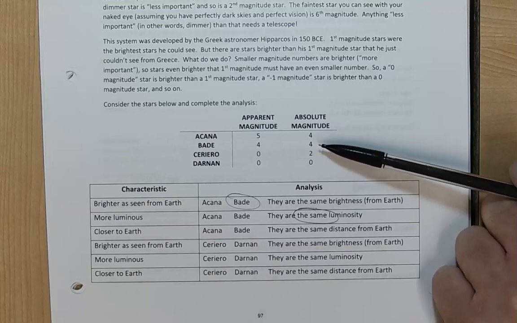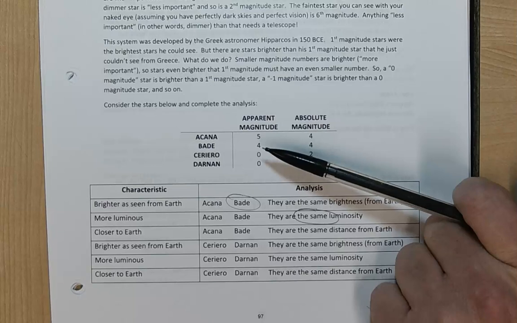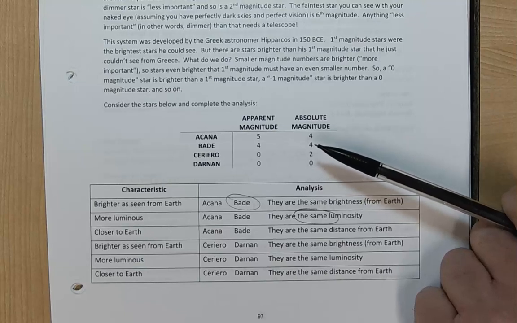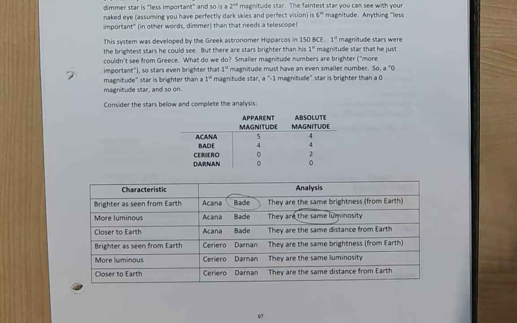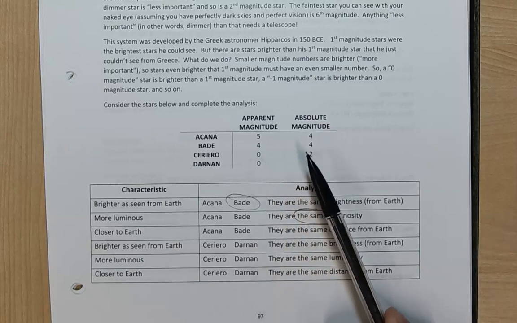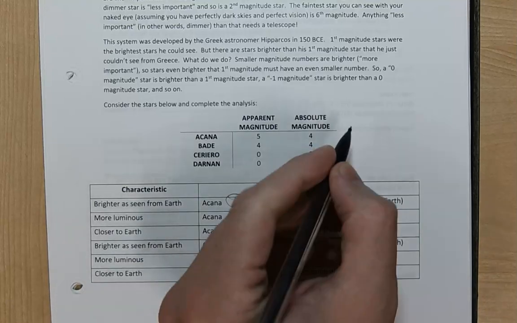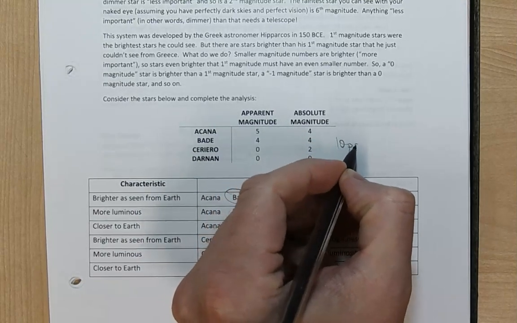In other words, if it were 10 parsecs away, it would look 4th magnitude. Well, in fact, it does look 4th magnitude. So how far away is it if it looks 4th magnitude and has an absolute magnitude of 4th magnitude? It must be 10 parsecs away, right? Bada must be 10 parsecs away because it does look as bright as it would look from 10 parsecs. So we know that Bada must be 10 parsecs away.